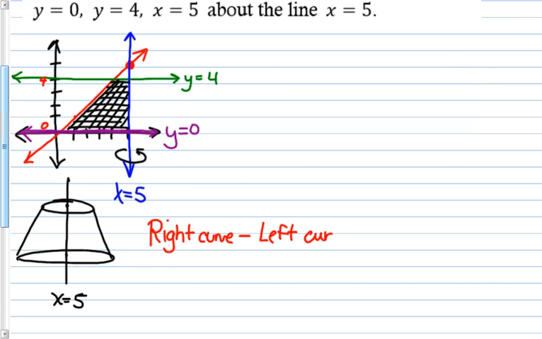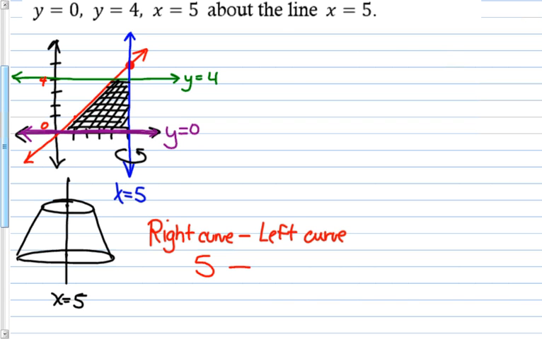That is how we can find the area in between. So the right curve is basically x equals 5. That is the curve on the right, or the line, if it makes you feel better. So 5. And then the left curve is actually the red equation, which is y equals x.